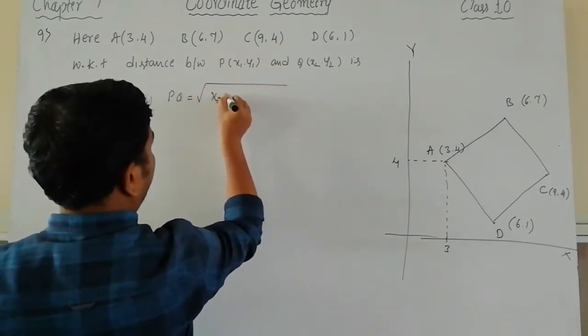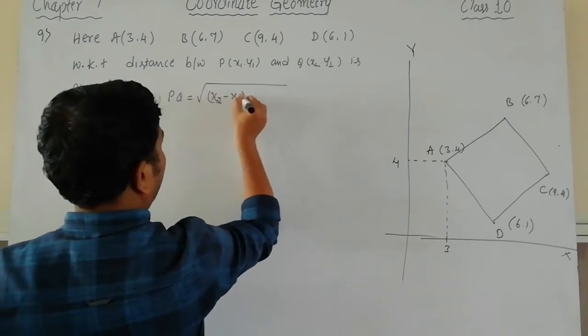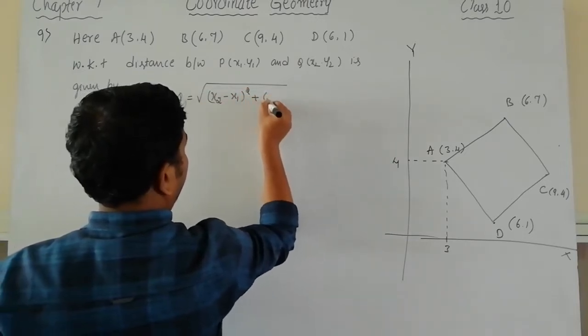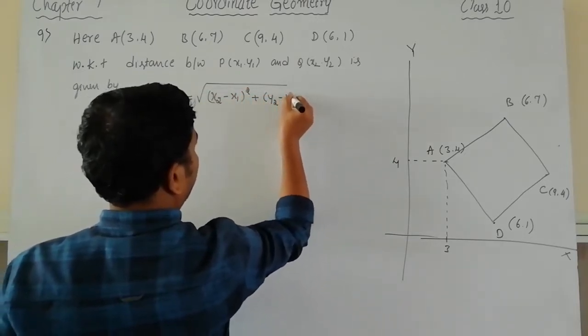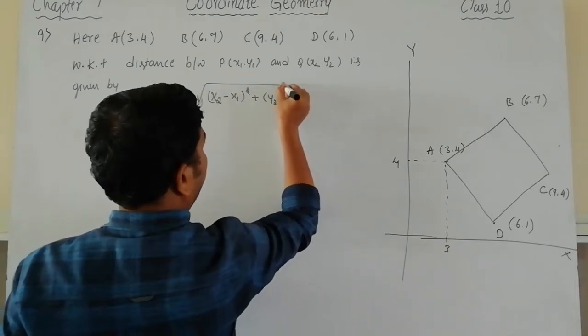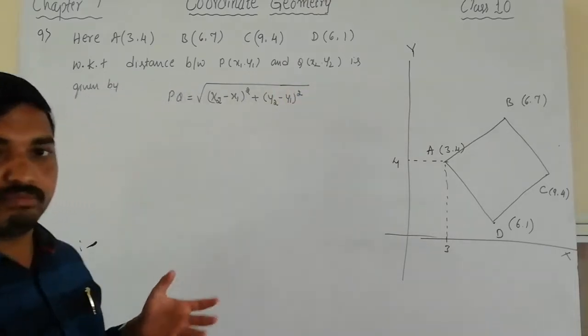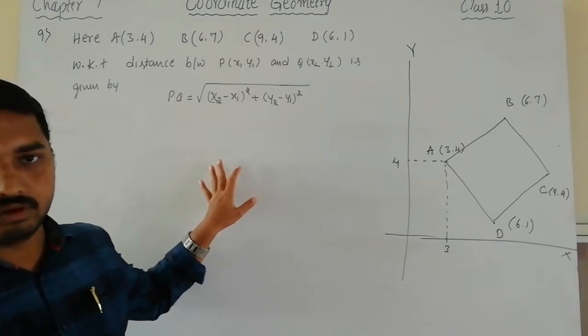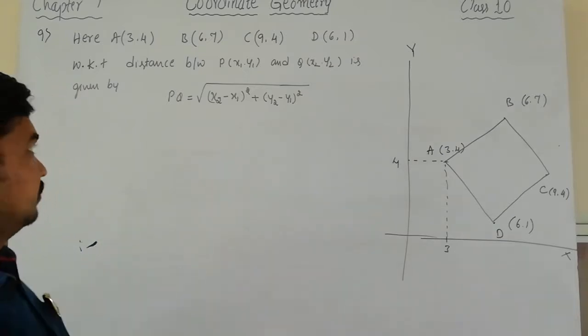You must write the formula first, because marks will be allotted in the marking scheme. If you don't write the formula and do the problem directly, you may lose the marks. That's why remember, always write the relevant formula first, then go through the calculation.